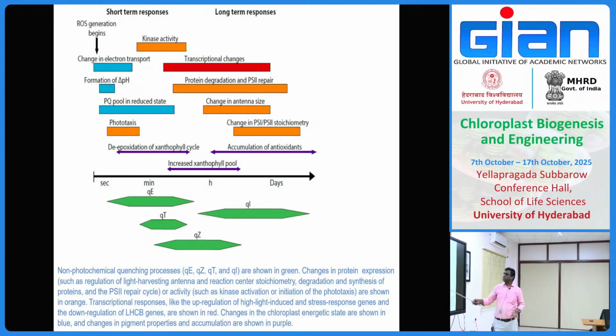There will be several things that happen. The seconds are called short term, and long term is basically hours to days. During that time, these are the events that can happen: change in electron transport, formation of delta pH, which I will explain a little later, the PQ pool reduced state, and deepoxidation of the xanthophyll cycle, and increased xanthophyll cycle.